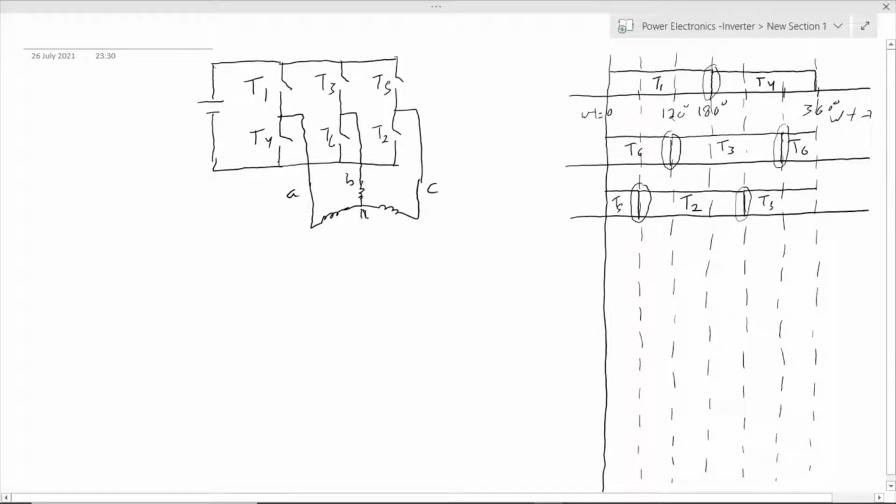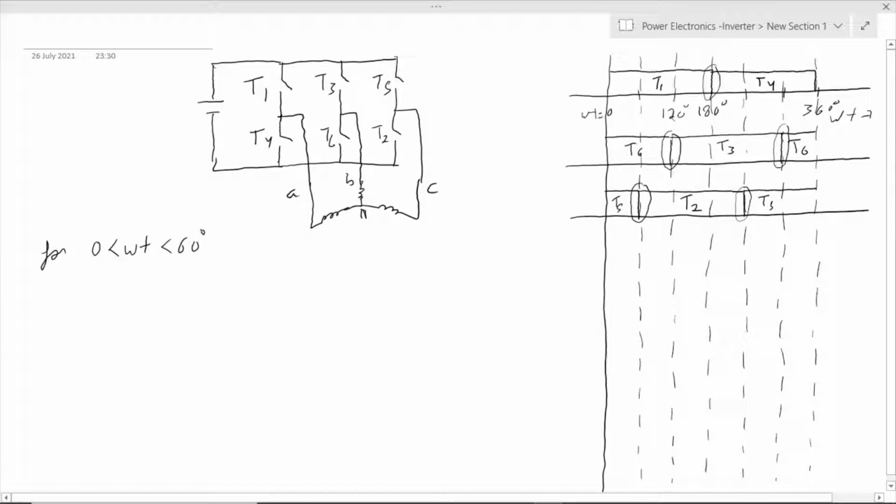Now let us analyze this circuit when omega t lies between 0 and 60 degrees. So for omega t between 0 degrees and 60 degrees, what will be the circuit?